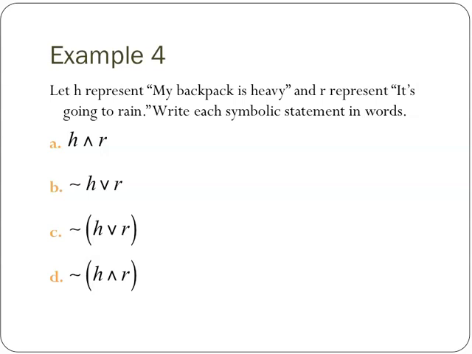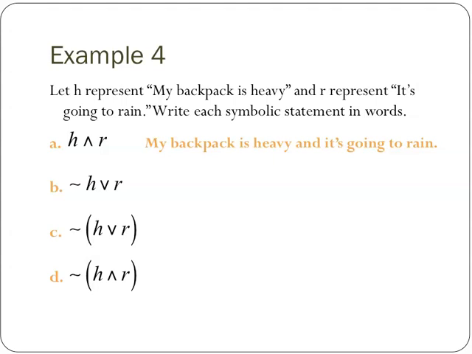For the first one, H represents my backpack is heavy, so we need that part. R represents it's going to rain. And the little symbol in between them, the one that looks like the beginning of a capital A, is going to be and. So to write this out, we would say, my backpack is heavy and it's going to rain.